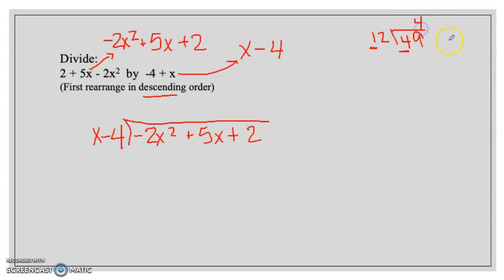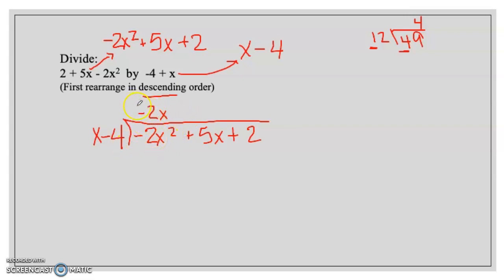And then I could try that as my answer. I do the same thing down here. How many times does this first x divide into this negative 2x squared? Well, x divides into negative 2x squared negative 2x times.